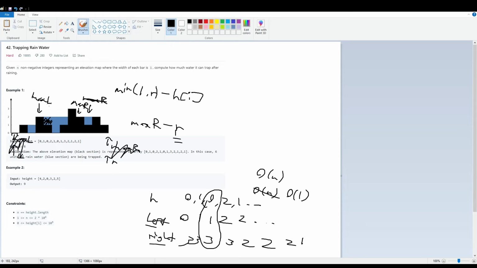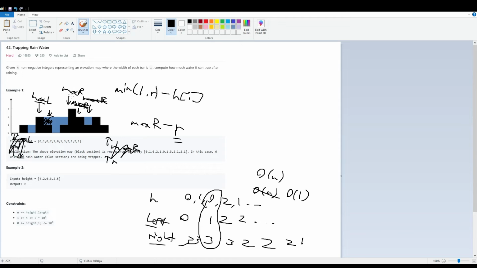Now what if it just so happens max r is here? Well, since this is smaller, we're going to move our regular left pointer here. And then we're going to do maximum left minus regular left.